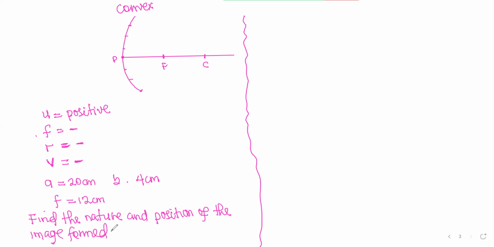So an object is placed A, 20 centimeter, B, 4 centimeter in front of a concave mirror of focal length 12 centimeter.